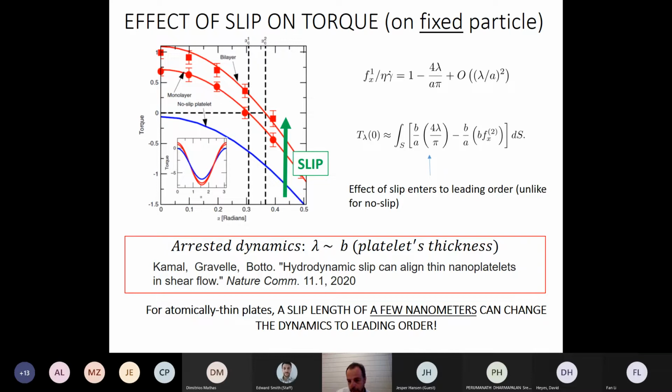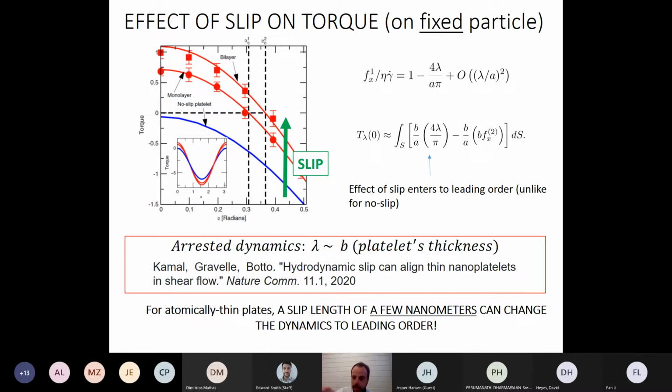However, if we include slip, and this is typical of graphene, both monolayer, bilayer, trilayer and so on, then the torque curve shifts upward. So there will be a very specific value of the angle for which the torque is 0. And this is the angle at which the particle will attain a stable orientation.